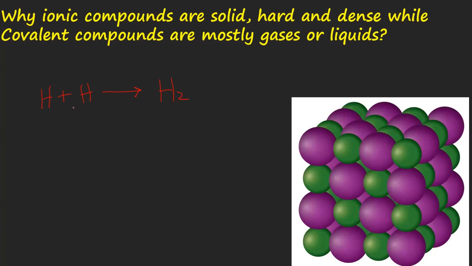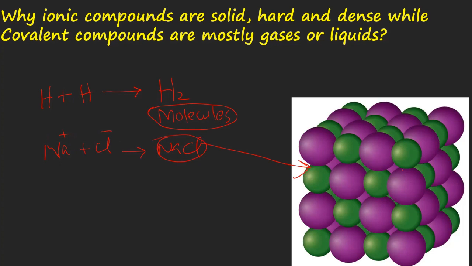So only covalent compounds have units called molecules. You cannot call an ionic compound's unit a molecule. So molecules is only for molecular compounds. On the other hand, like I gave you the example, sodium becomes a cation and chlorine becomes chloride, and they become NaCl, and eventually they form this crystal structure.